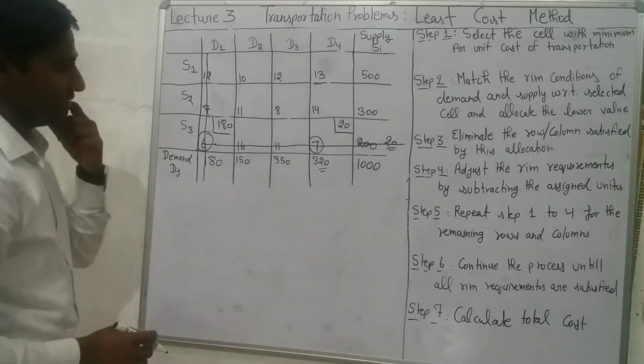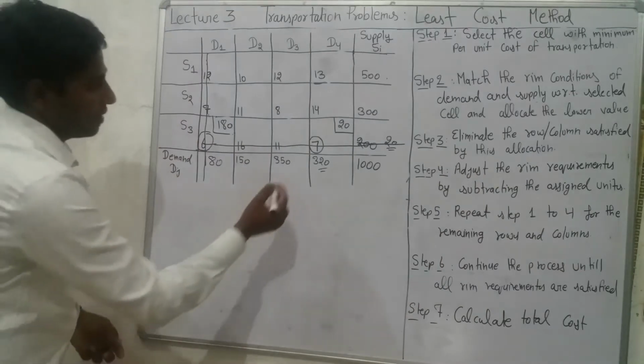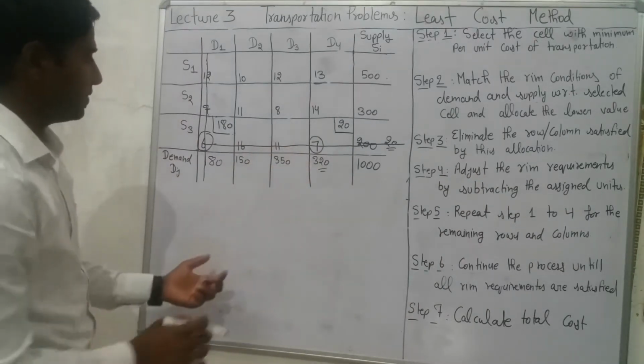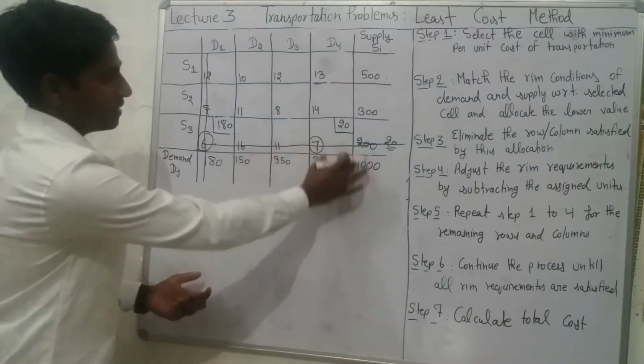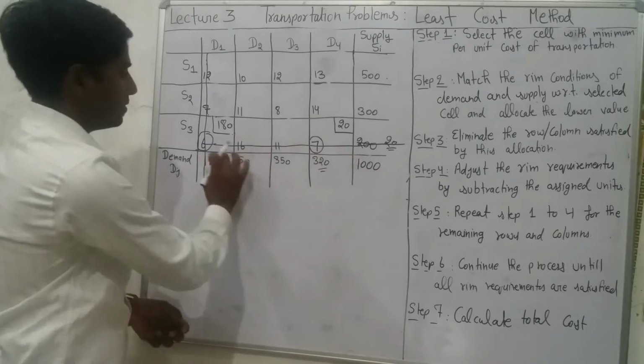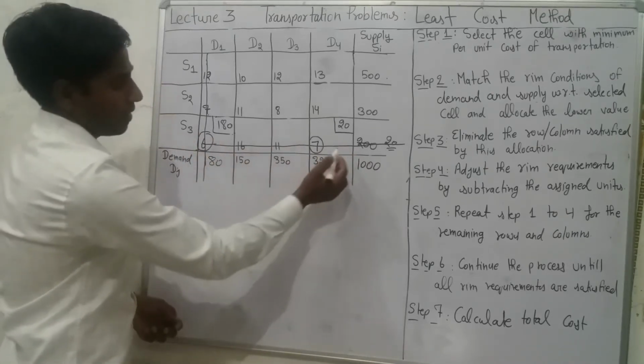Again adjust the rim requirements. As I have told you earlier, if a row is deleted, then the column will be adjusted. In this case we have deleted the row S3. Now we should adjust the column.